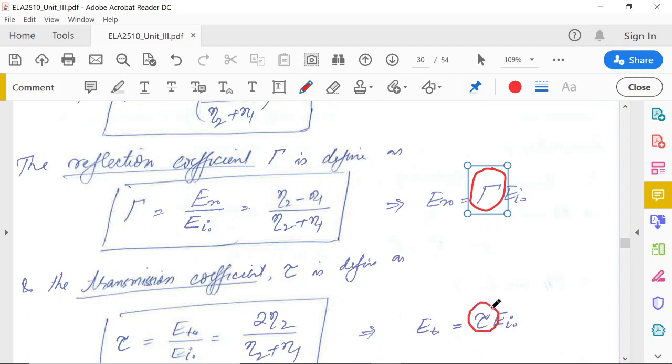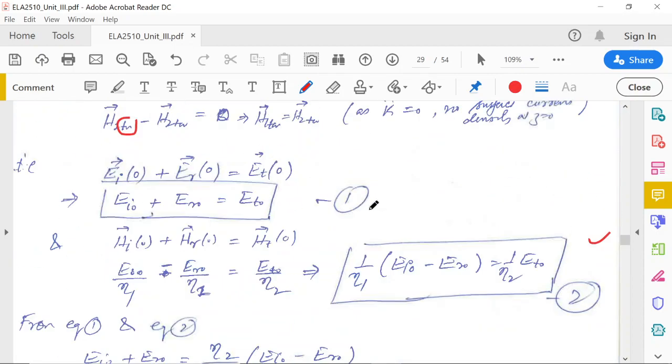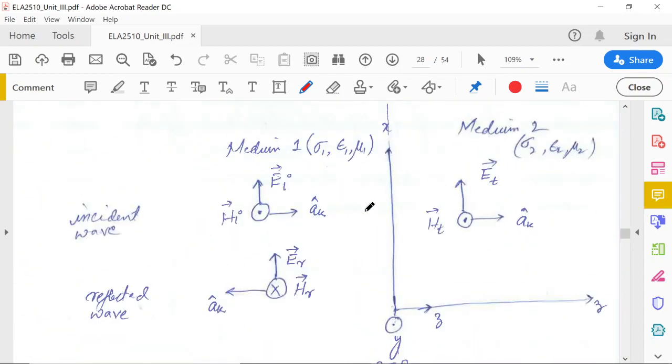Similarly, tau is complex. What does complex mean? When you multiply with a complex number, it has some magnitude and some phase. The magnitude will be multiplied and the phase will be added to the phase of EI. So ER0 will be phase shifted as well as changed in magnitude. Whatever signal is striking this interface, the reflected wave may be out of phase by a certain angle depending upon the medium, and the magnitude will also reduce.